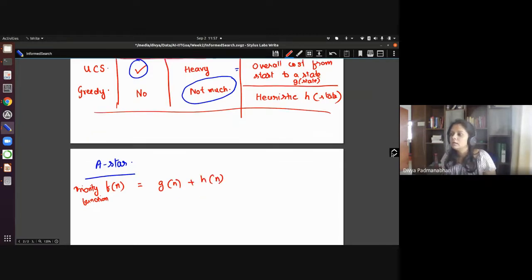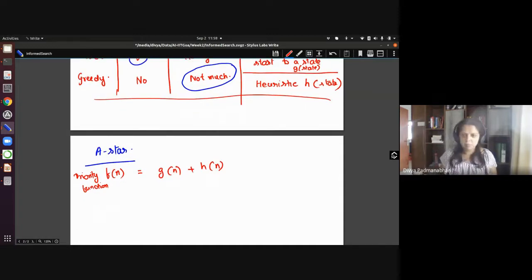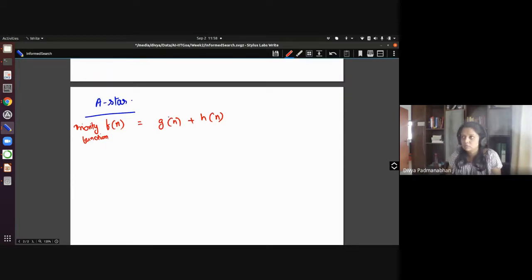Okay, so let's just see a demo of this. Maybe I'll take a simple example and show you one run of A star. So this n is the states. Let me write an example here.